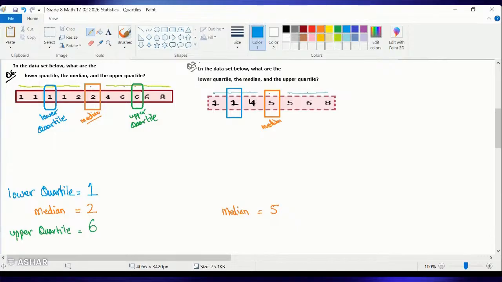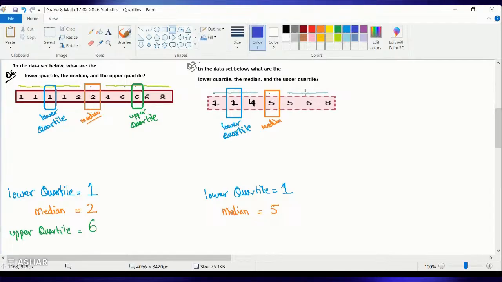The middle value was 1. So we can say the lower quartile is 1. Agreed? What about the upper quartile?